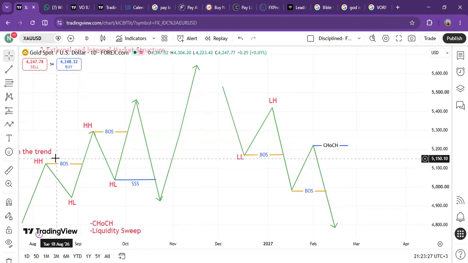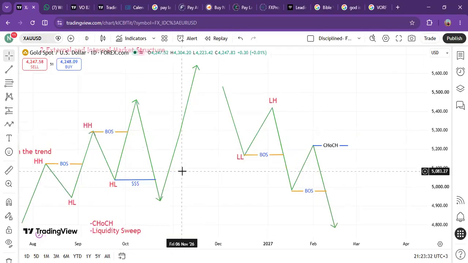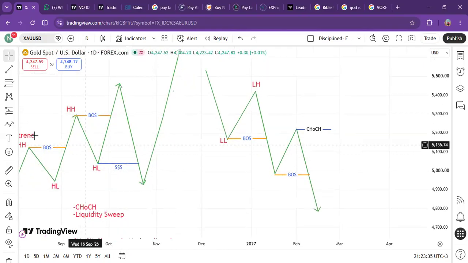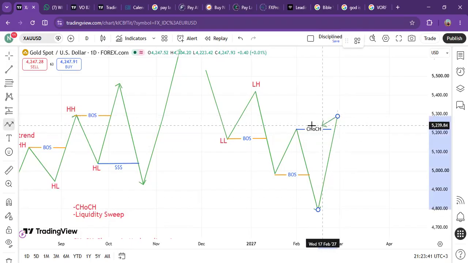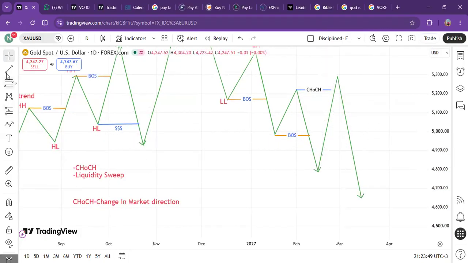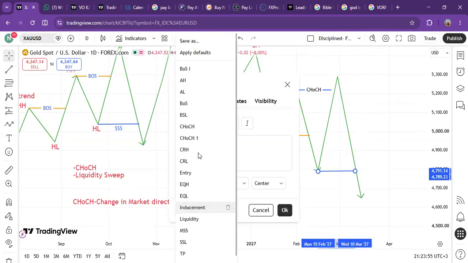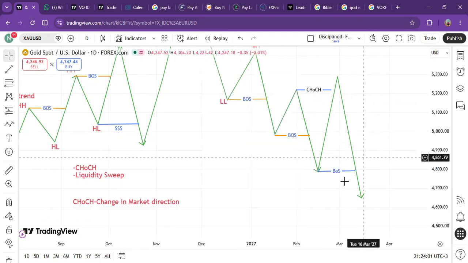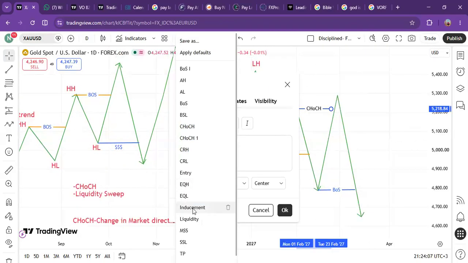So initially we had this as our valid break of structure. Remember, I've not said that, so I'll get to that. Okay, then same thing. If you see the market close above a protected high and continue with the same direction without changing, you expect to have a valid change of character at this point here. So you will have the market continue with the normal direction, and this will no longer be a change of character but a liquidity sweep.